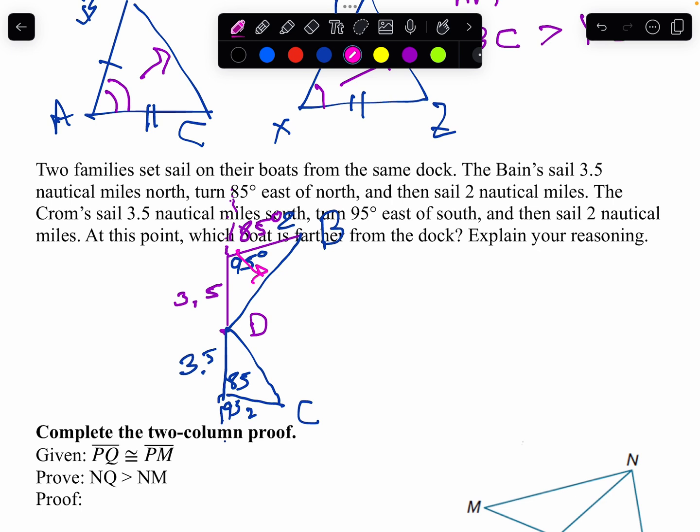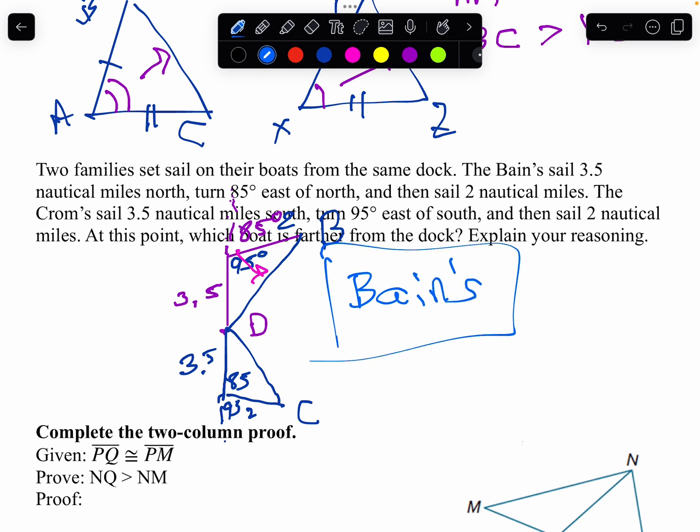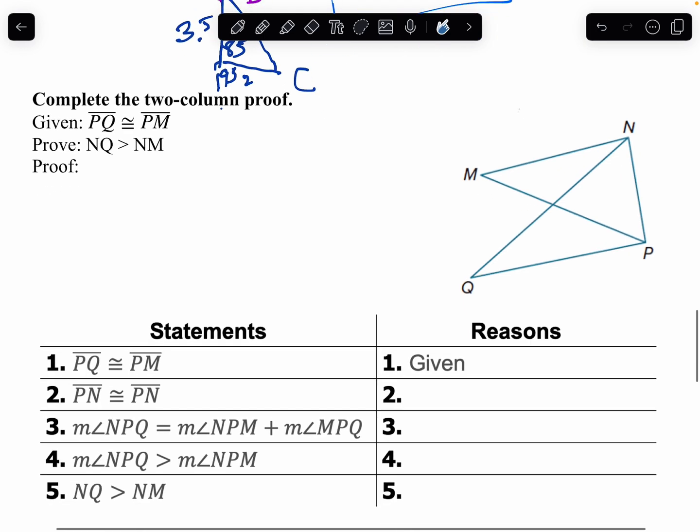So the Bains actually went further. And that would be your answer. Notice, hinge theorem, your work is going to be drawing a picture and then going from there. Don't just tell me you know the answer without drawing a picture. That's not possible.